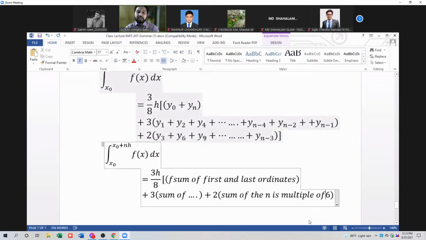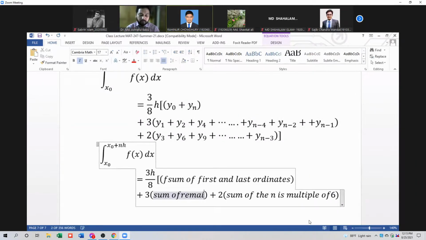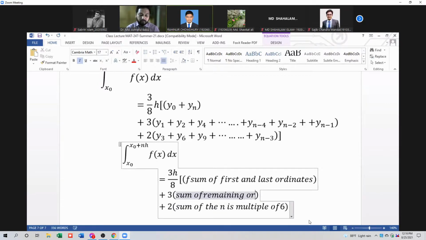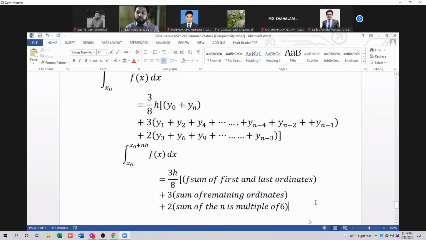That means 3, 6, 9, and then 3 into what? The remaining terms, sir. Remaining ordinates. That is the trick.